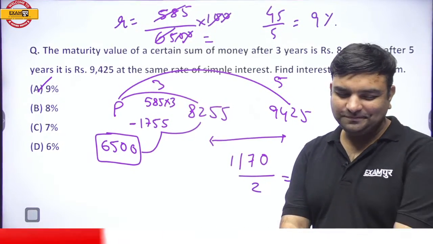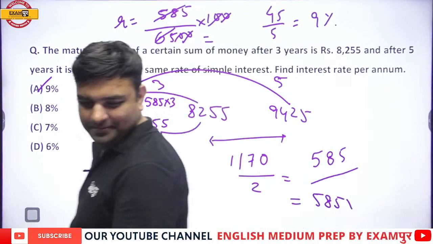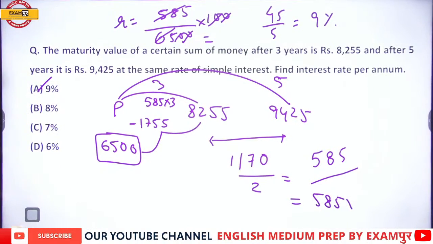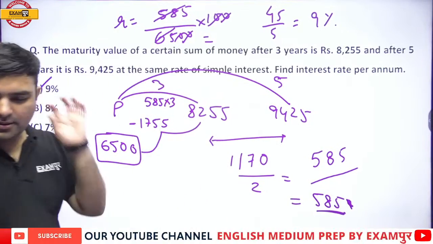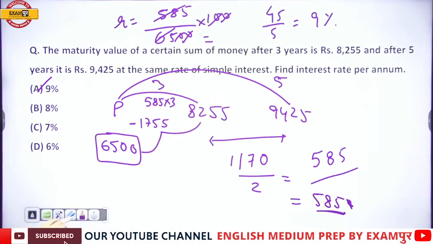What do you say? Can a lot of questions come from today's session only? It's 585 only, na? No one should take it as 5851.